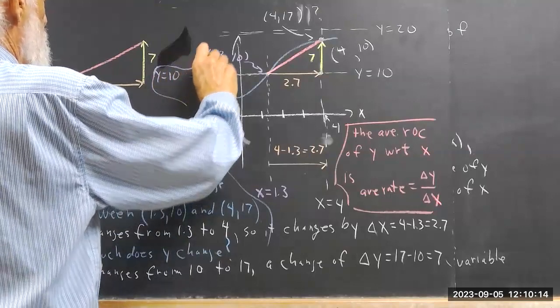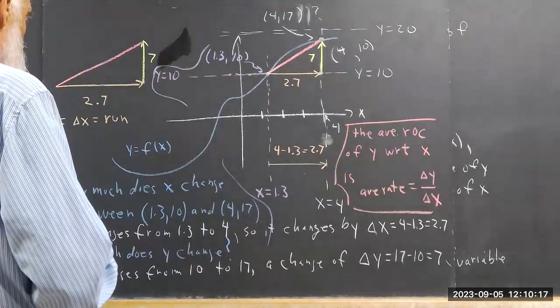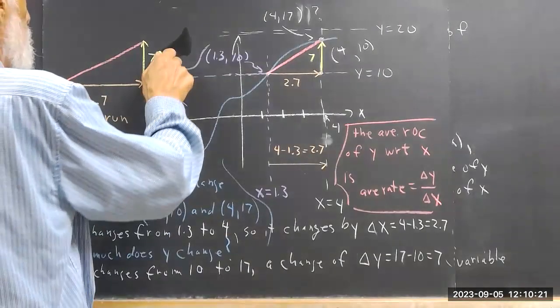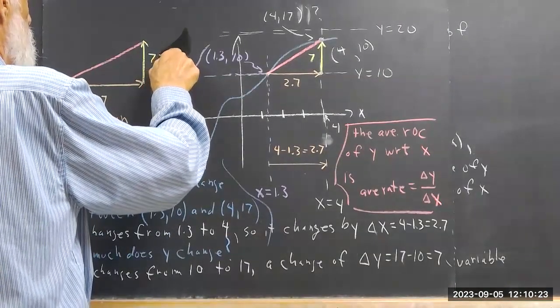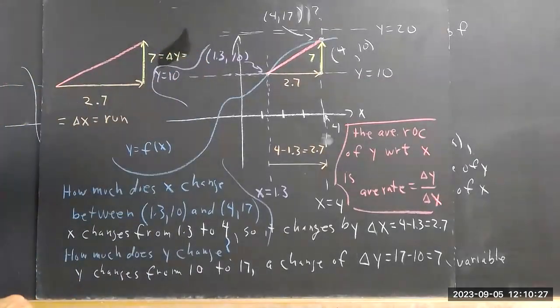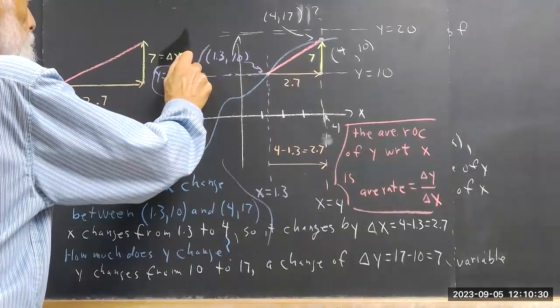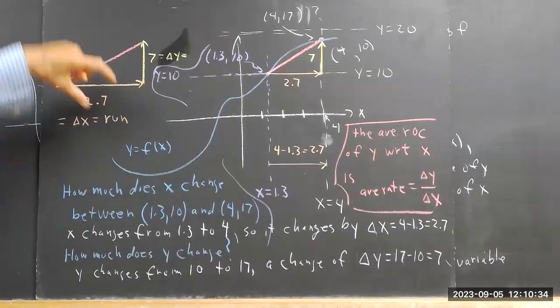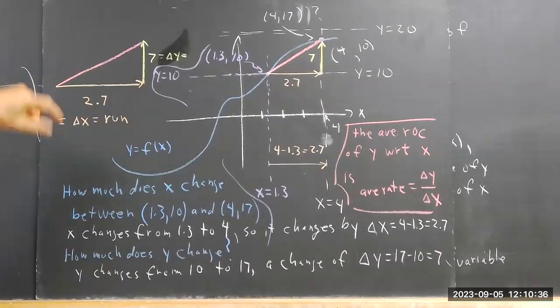So, I have to write this next word pretty small. Got carried away, making the 2.7 larger than I should have. Okay.